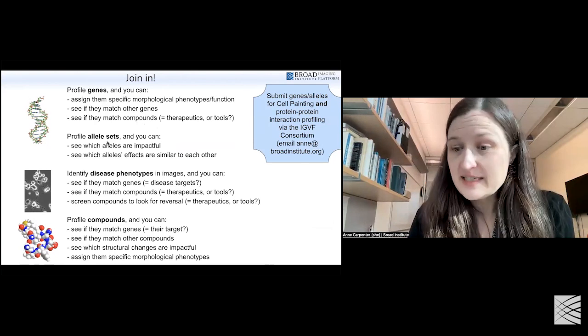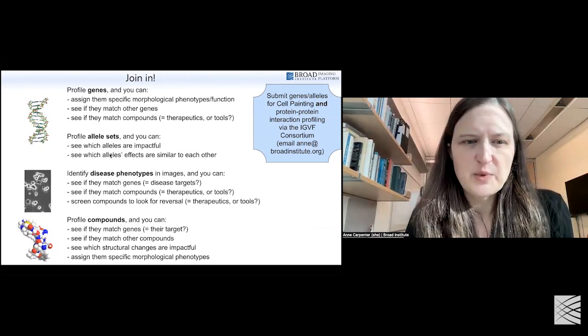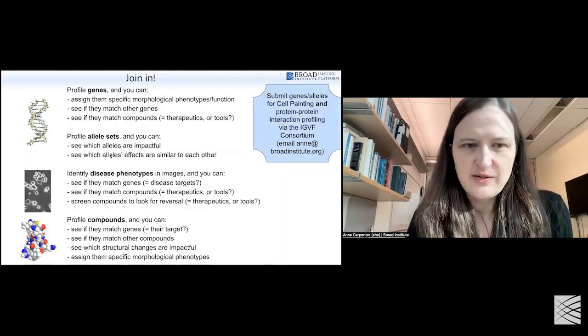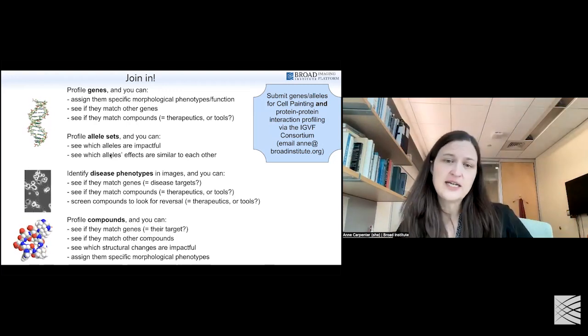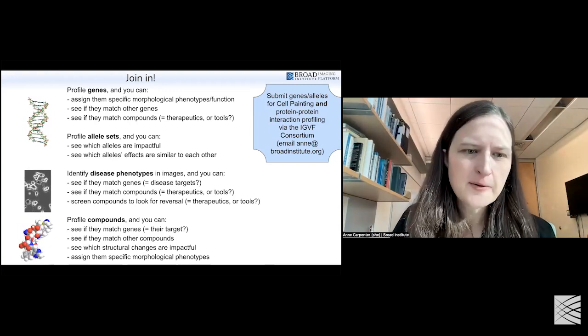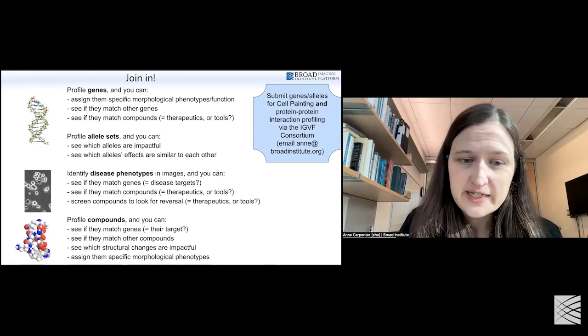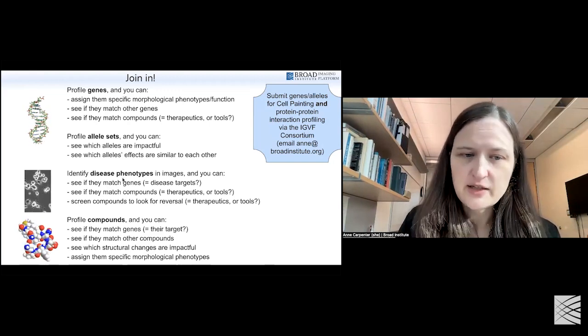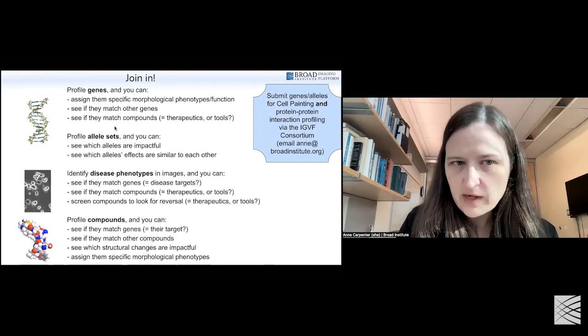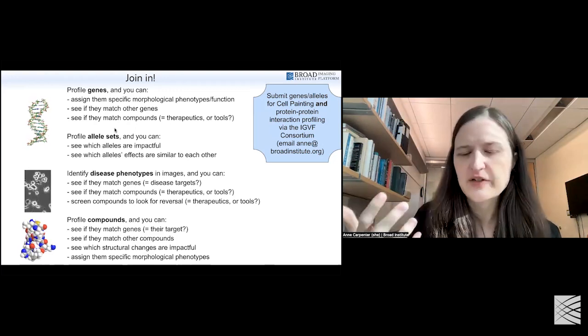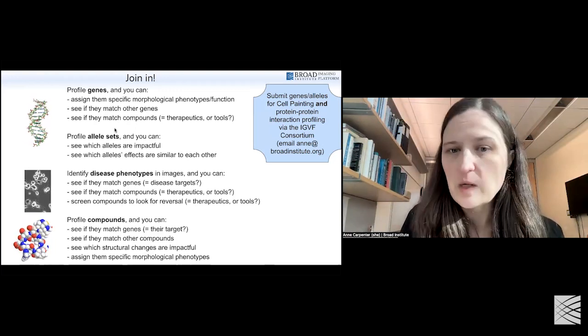You can profile sets of alleles, as Juan is going to dive deeper into, to figure out which alleles are impactful, which effects are similar to each other. You can identify disease phenotypes in images. This is a very small-scale kind of experiment to do. These require that you make sets of reagents in a larger-scale project of at least a few hundred samples.